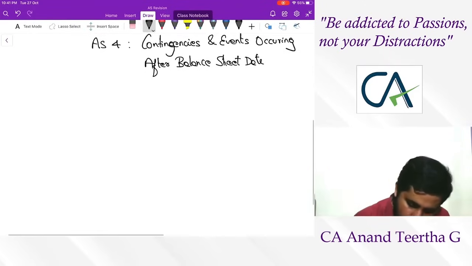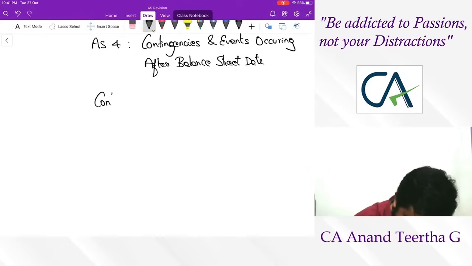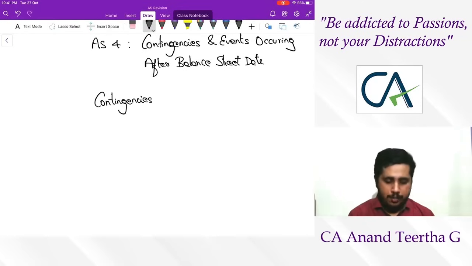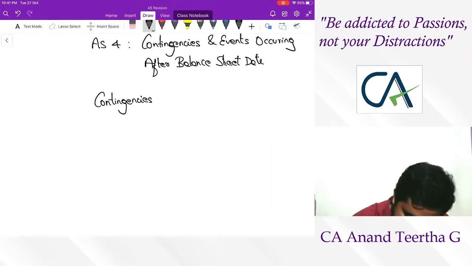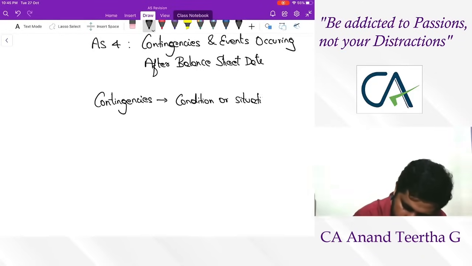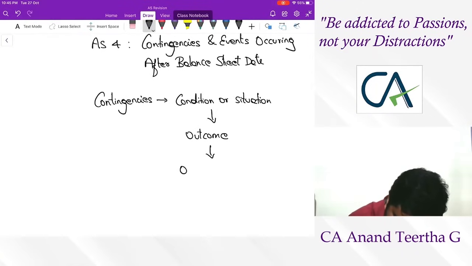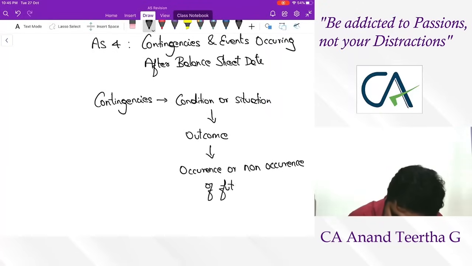Now, starting with, what do you mean by the term contingencies? Let's try to see one by one as to what it means altogether. Contingencies are basically a condition or situation, and the outcome of this condition or situation depends upon occurrence or non-occurrence of future uncertain events.